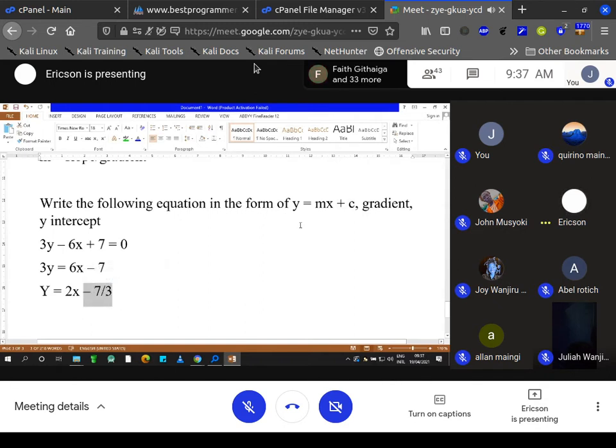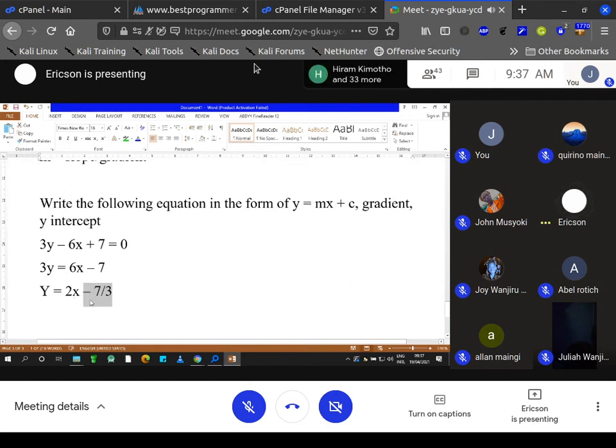The simplest way to avoid errors is, when you want to find the value of c, the value is 7/3, but the negative sign must be included if your equation has a negative.